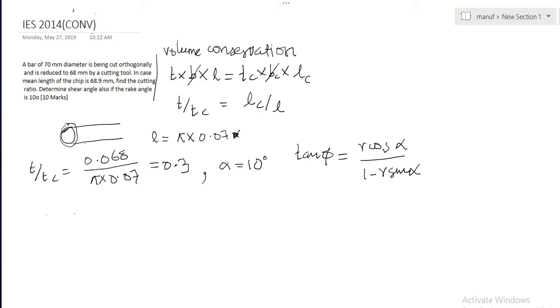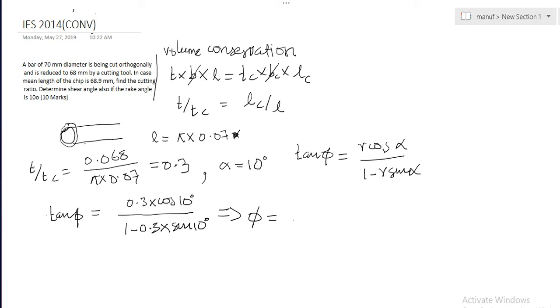So we can write r equal to 0.3 into cos 10 degree upon 1 minus 0.3 into sin 10 degree. So I can get the phi, the shear angle, equal to 17.31 degree.